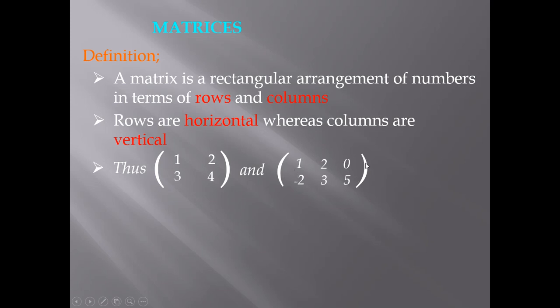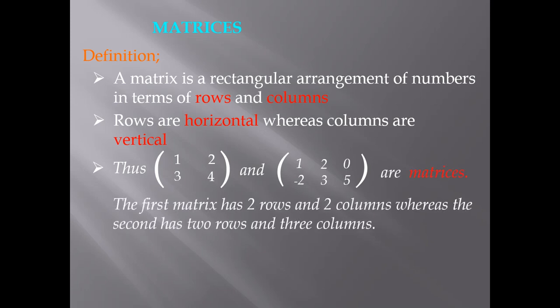So it has 2 rows. And how many columns? We can check. This is 1 column. This is the second column. And this is the third column. So the second matrix has 2 rows and 3 columns.